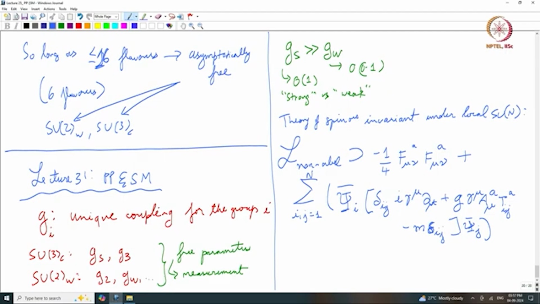Okay, excellent. So this is where I get 3 colors for SU(3). Why? Because i, j run from 1, 2, 3, right?